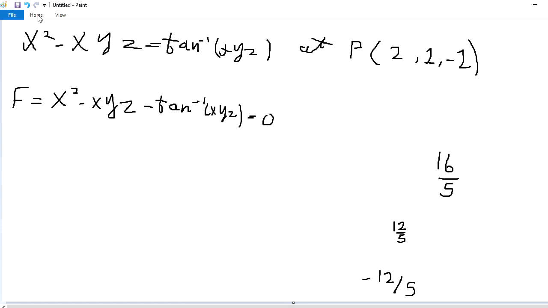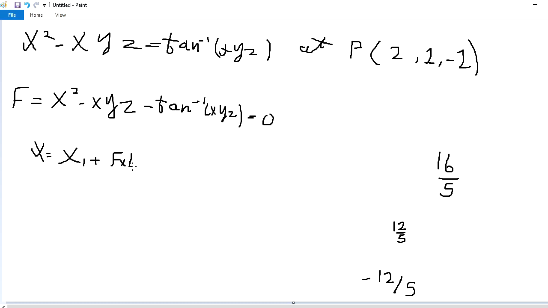Okay, so this question, let's say for example that we need to find the normal line. If we want to find the normal line, we need to use the parametric equations, right? So to find the parametric equations, we need to say x is going to equal x1 plus fx t.